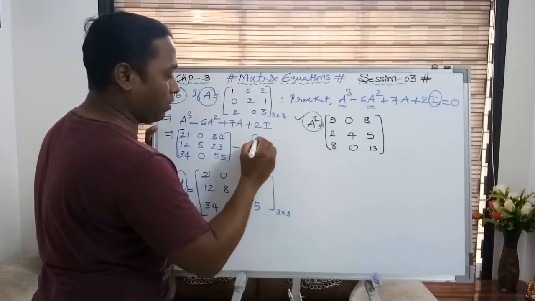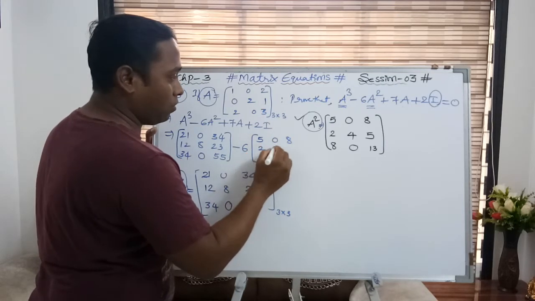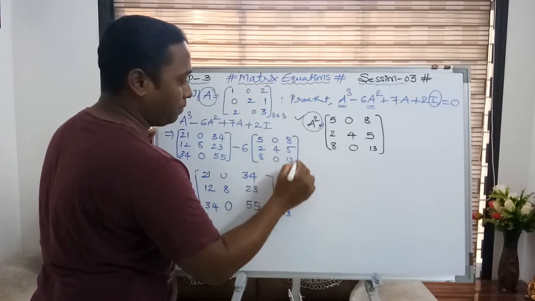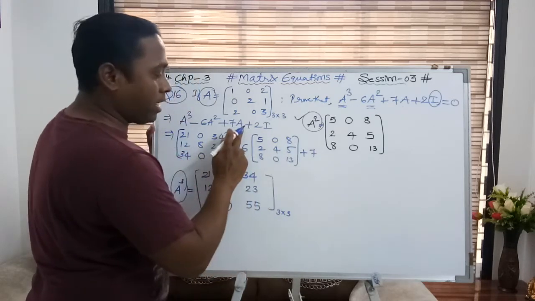What is the A square matrix? We have 5 0 8 2 4 5 8 0 13, and then plus 7 times of A matrix.